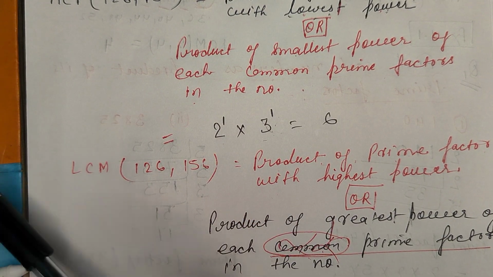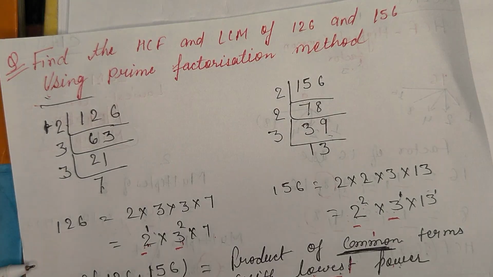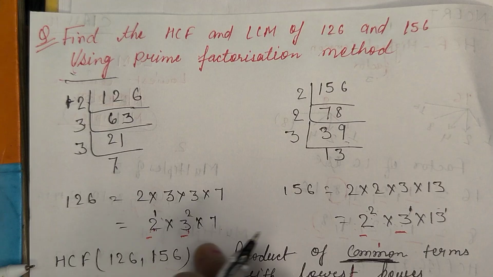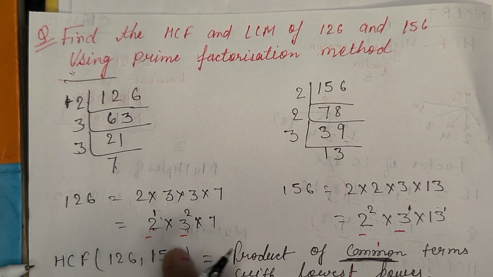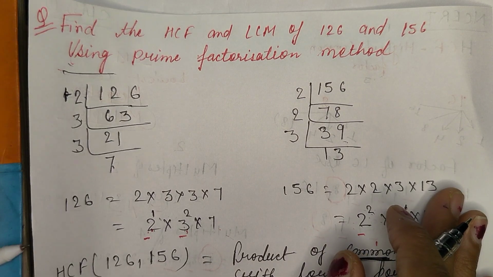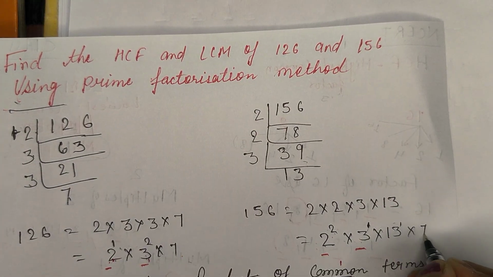We can see here 7 is a prime factor of 126, but it is not mentioned in the other number. We can write 7 as 7 power 0.